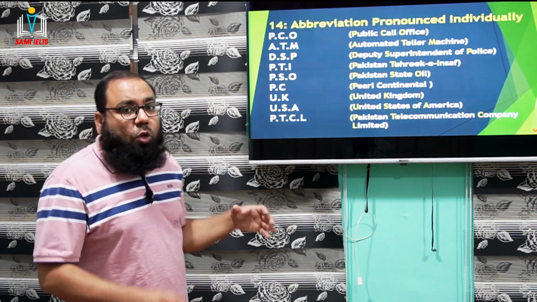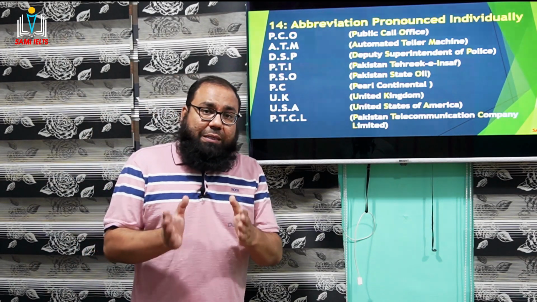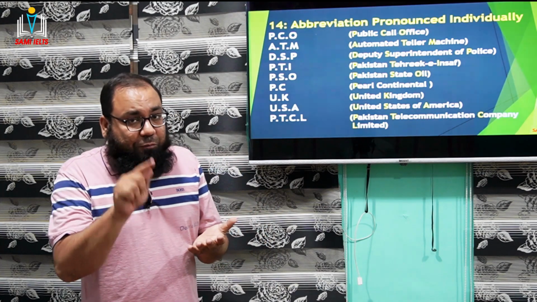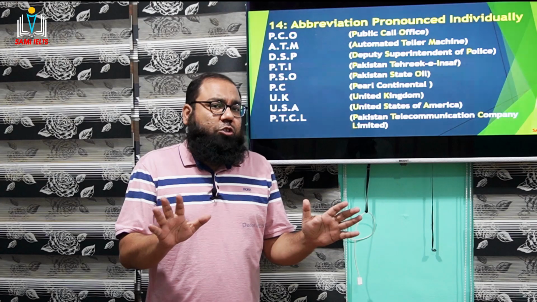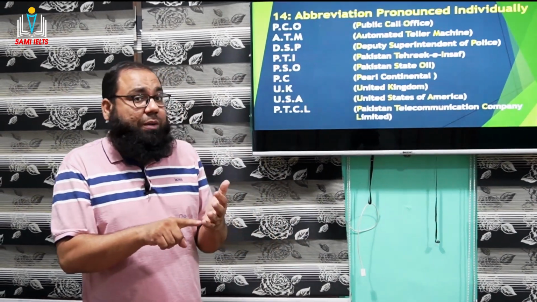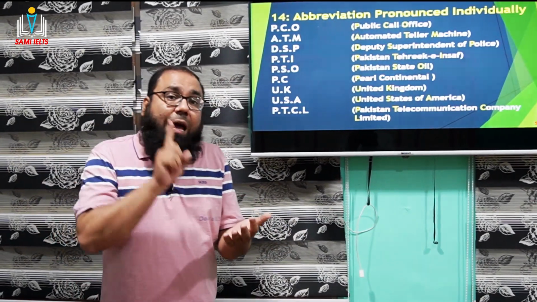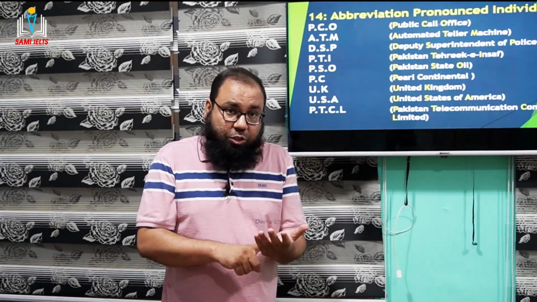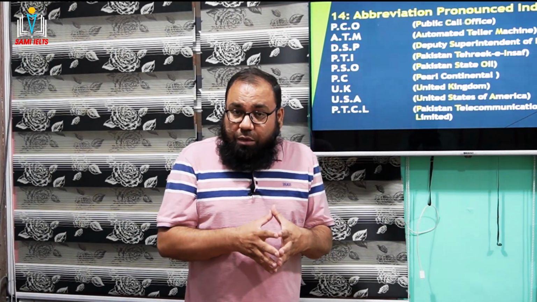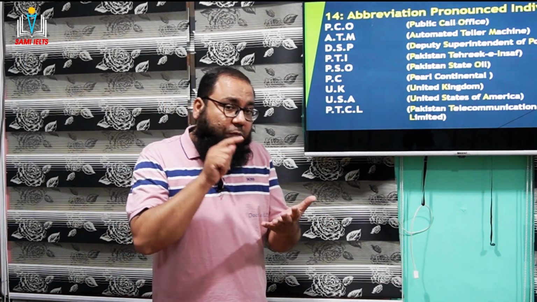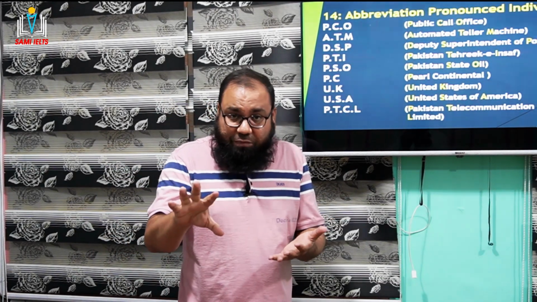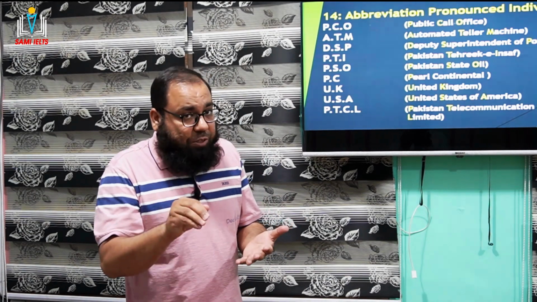Now, look, guys, what is rule number 14? Whenever you write any individual abbreviation, remember, students, never write those abbreviations in small letters. This is a fixed rule, okay? You will always write all individual abbreviations in capital letters.